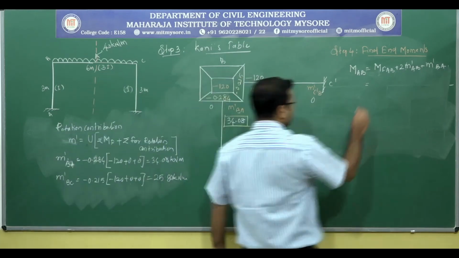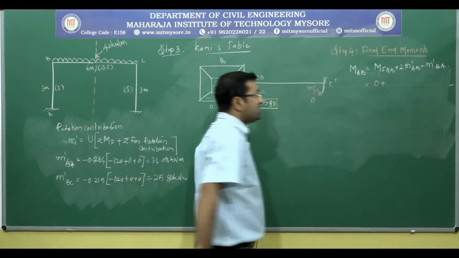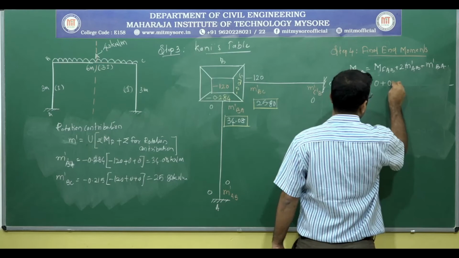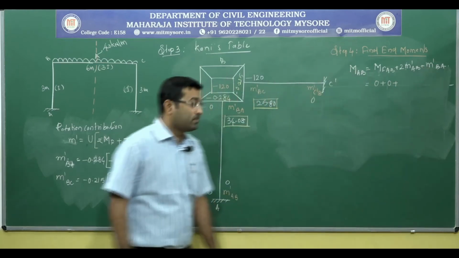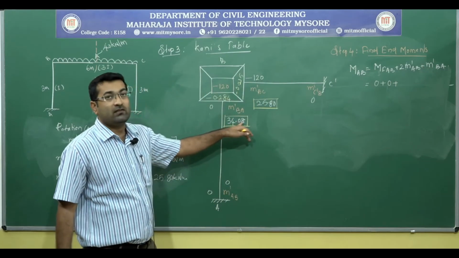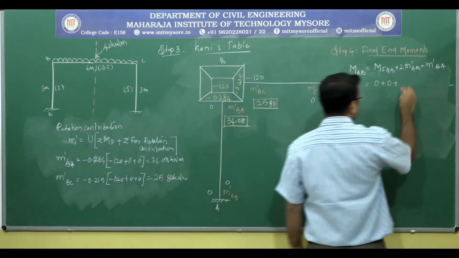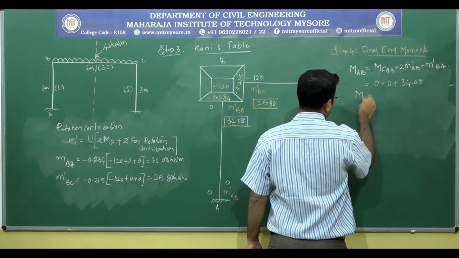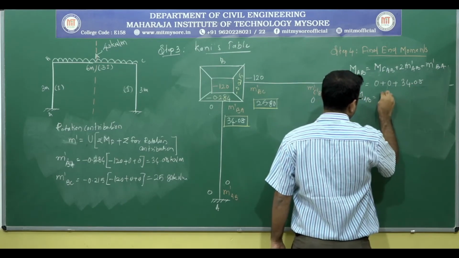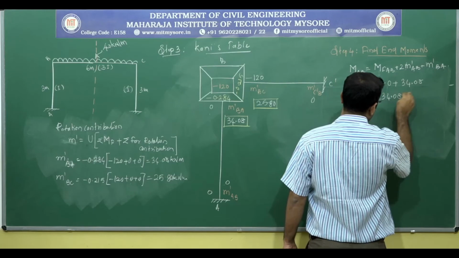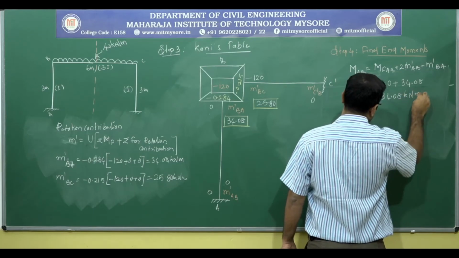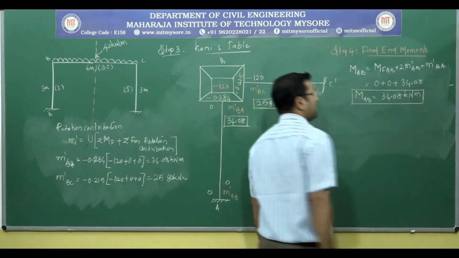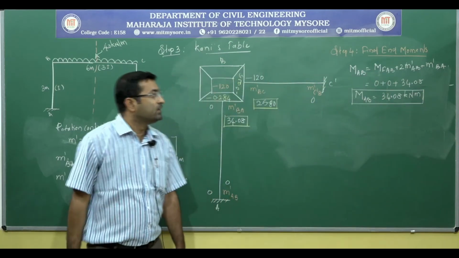MFAB is 0, plus M dash AB is also 0, plus M dash BA is 34.08. So, MAB is equal to 34.08 kilonewton meters. So, this is the final end moment at A, right.